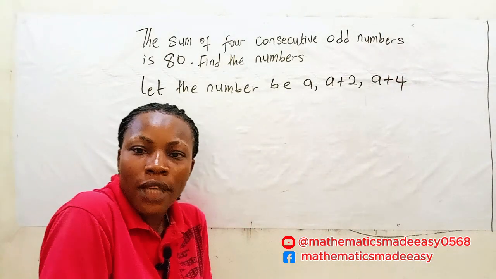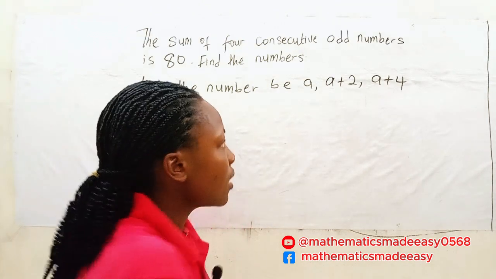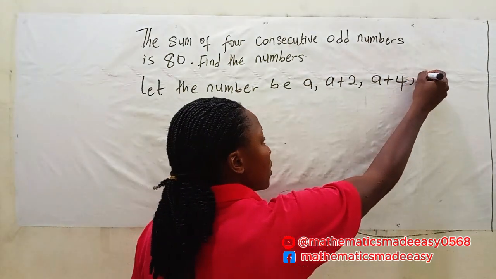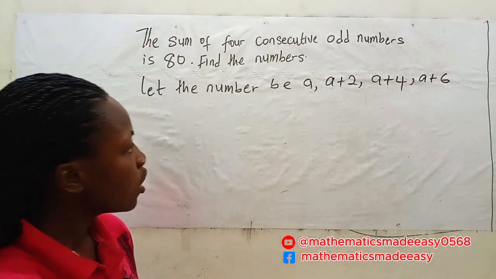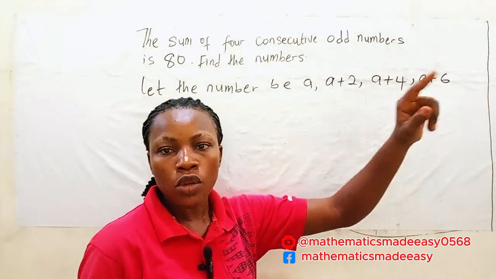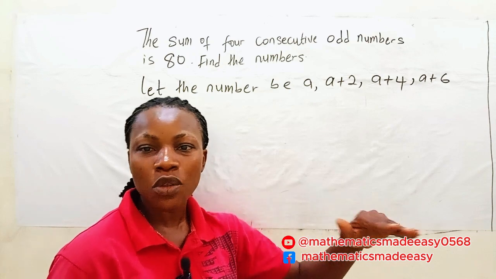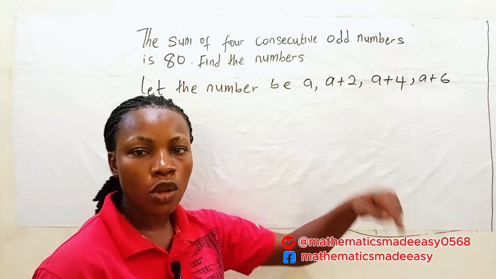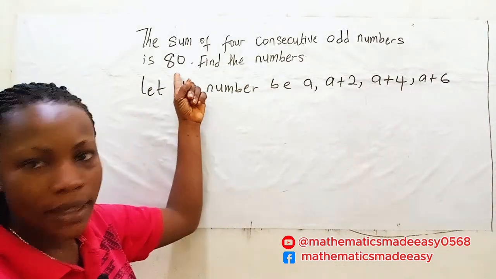Okay, we jump another even number to enter an odd number. All right, and the next one is going to be A plus 6. So these are our four consecutive odd numbers, and their sum is equal to 80.